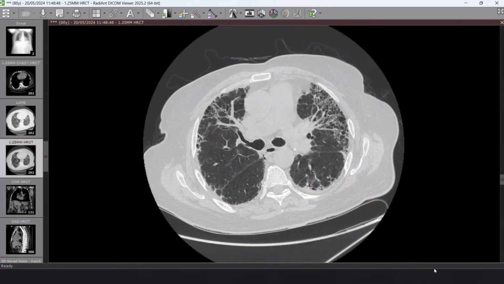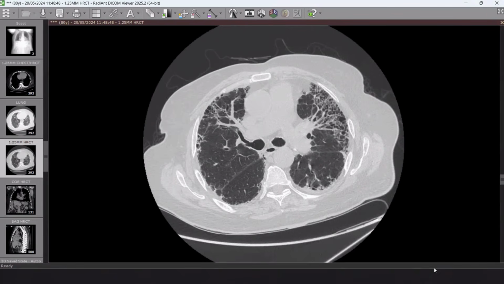I think UIP is a radiological diagnosis, affecting mainly the lung bases with honeycombing. Should you write in your report UIP, pulmonary fibrosis, or IPF, idiopathic pulmonary fibrosis? Which one is correct? I think IPF if there is no clinical reasoning.